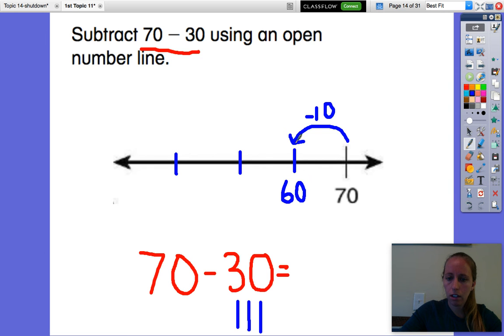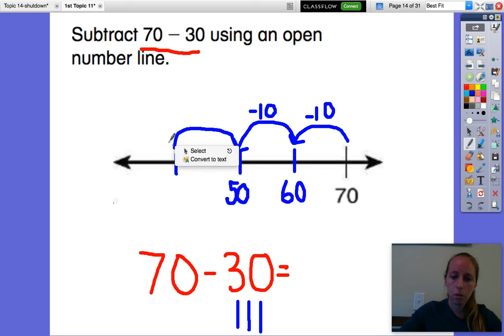Now we have to take away another group of 10. Minus 10. 60, take away another group of 10. 10 less than 60 is 50. And then taking away one last group of 10. Minus 10, right?